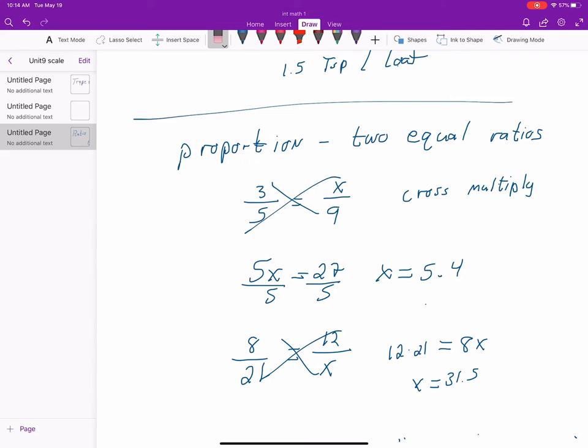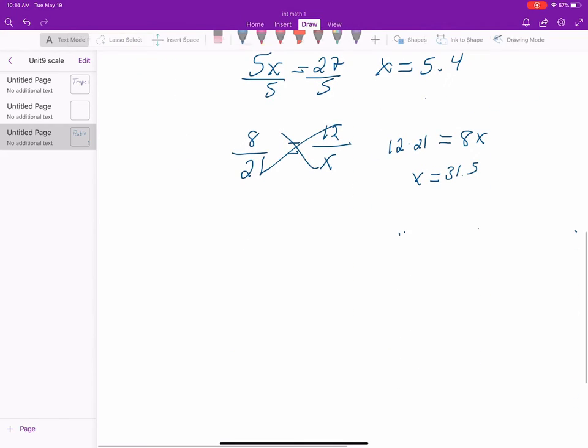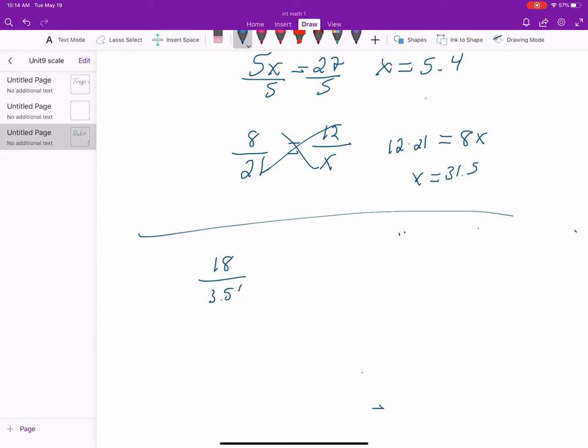For example, I measured from about mid-chest to the top of my head, and I got about 18 inches. Then I measured it on the screen and got 3.5 inches. Okay, so I don't need the inch signs there.